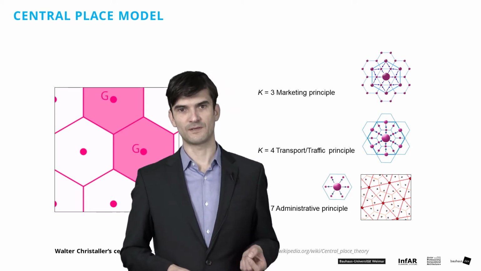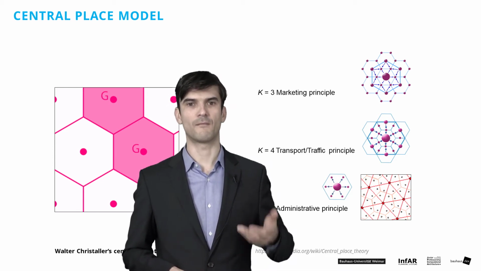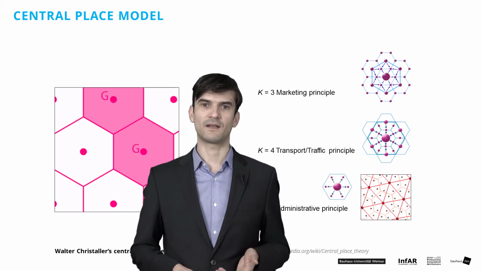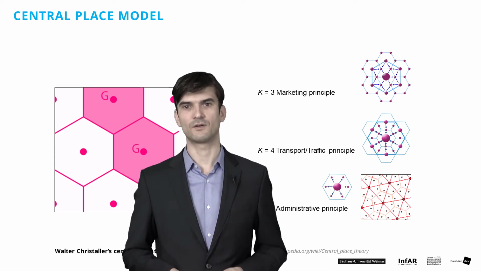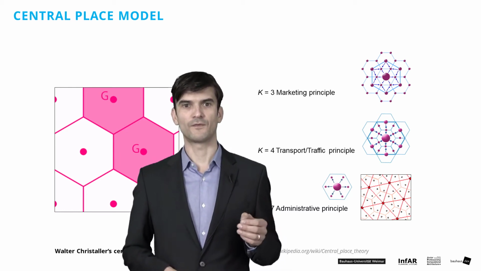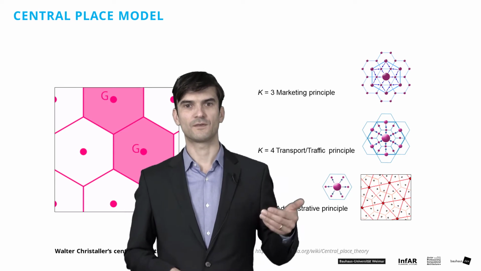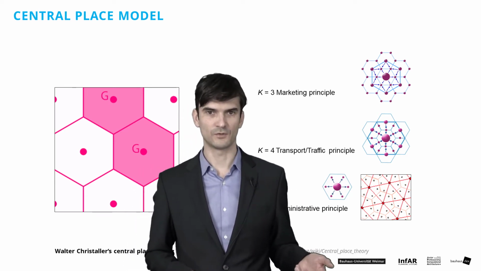One of these principles is, for example, the marketing principle. According to the marketing principle, the market area of a higher order place, or node as drawn in this illustration, occupies 1/3 of the market area of each of the consecutive lower-sized neighboring places, or the nodes.